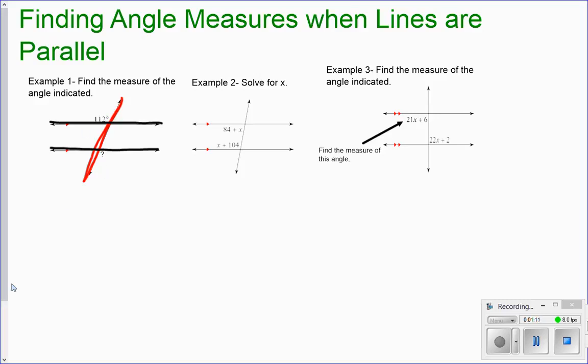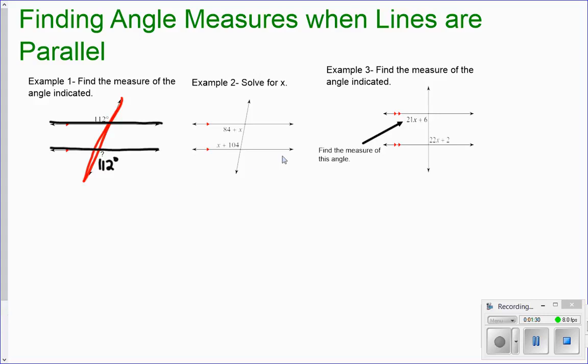So those are alternate exterior angles. We know that when the lines are parallel, which they are, alternate exterior angles are congruent, which means I can go ahead and mark 112 degrees in the angle that's marked with a question mark.